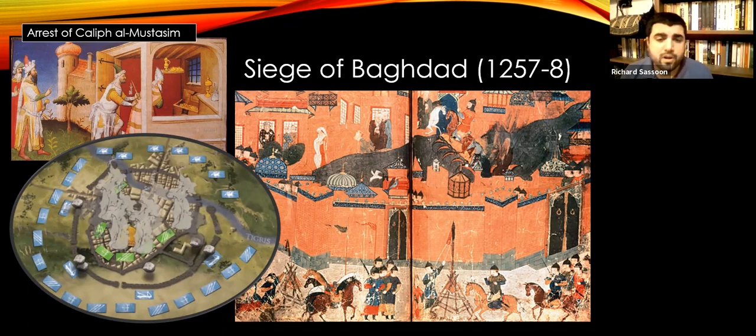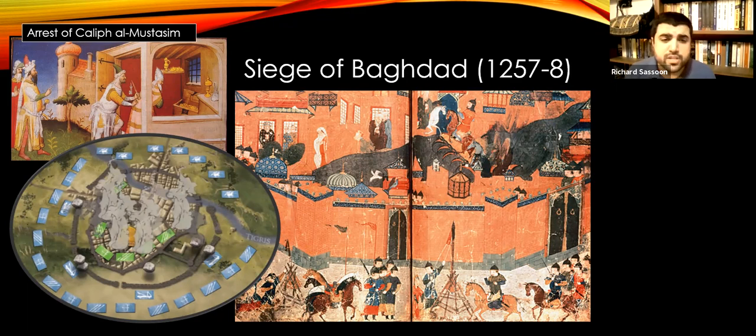There was never, after the Abbasids, until the Ottoman Empire, a caliph who commanded the kind of authority in terms of religious matters that the caliphs of Baghdad did. And the Islamic world was very much shattered by this event.